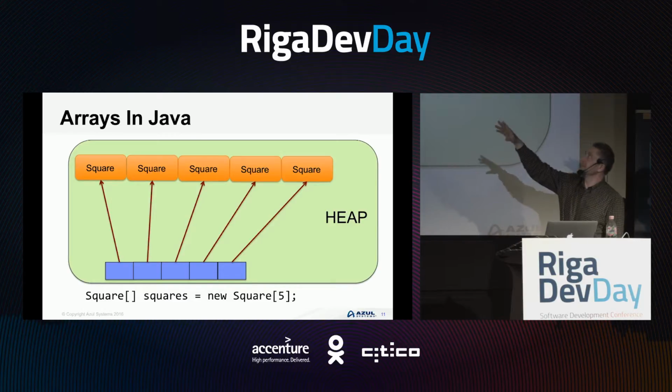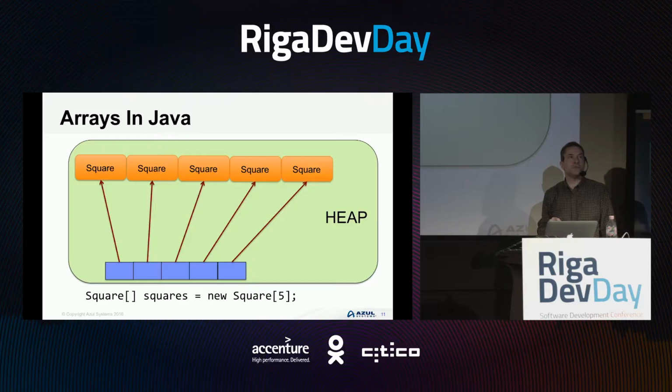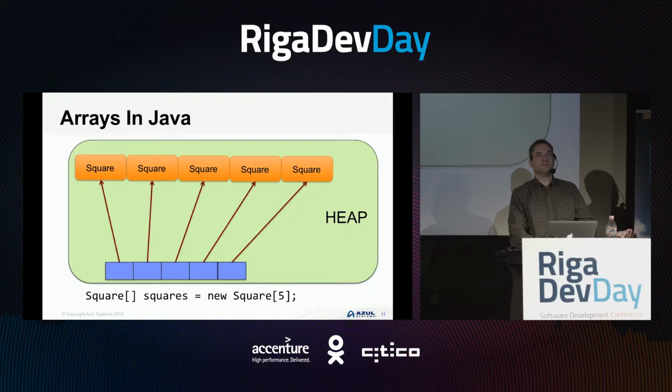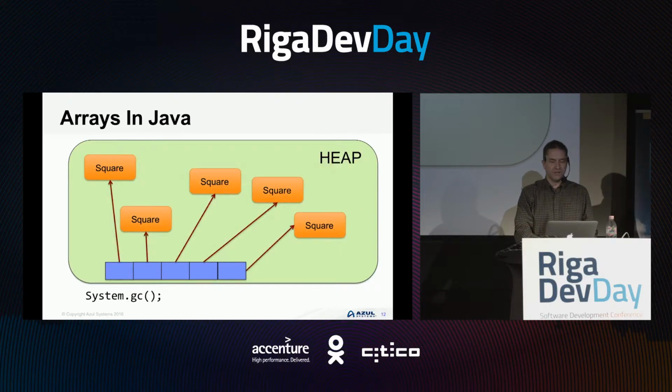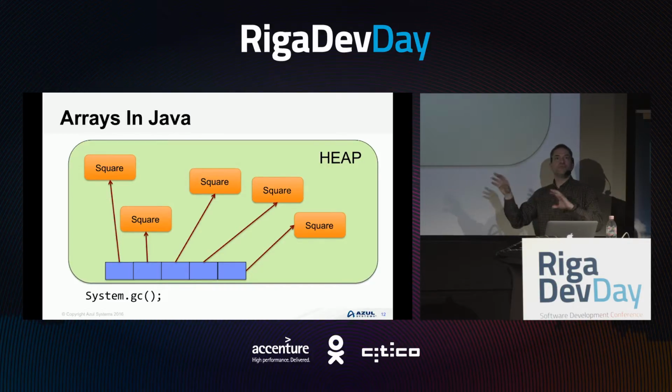So at that point, it still looks very similar to the way that we had things in C. But once the garbage collector runs, because these will be allocated in the young generation, and after a while they'll be promoted to the old generation, we're potentially going to get something like this. Objects get moved around in the heap because of the way the garbage collector works.